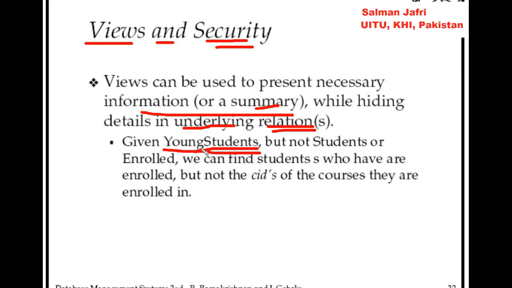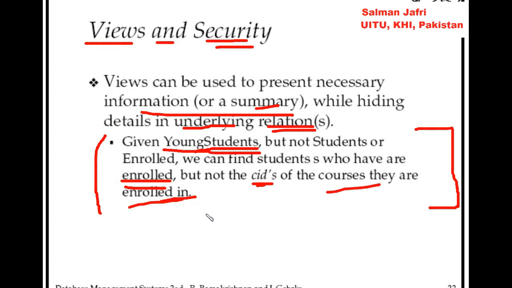But we are only referring to YoungStudents. We are not referring to Students or Enrolled, and I am talking from the point of view of a user. So we can find students who are enrolled, but we cannot find the information of the course IDs of the courses they are enrolled in. So this is basically the basis for information hiding.